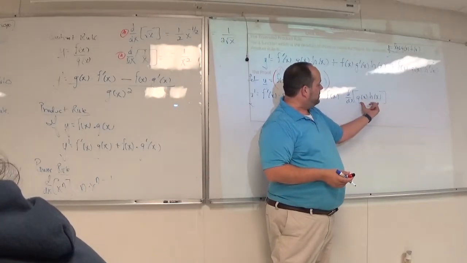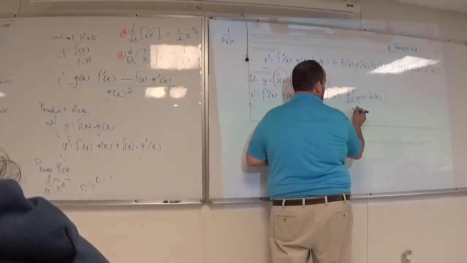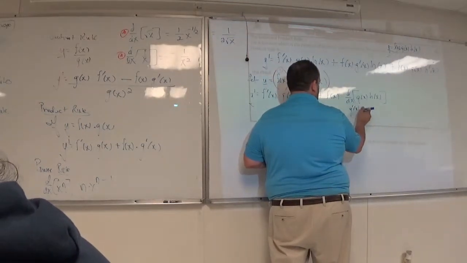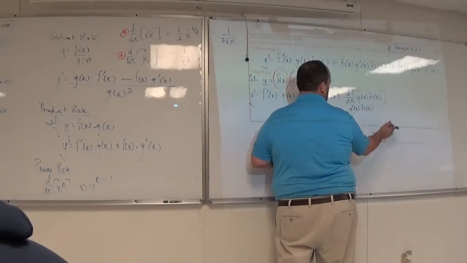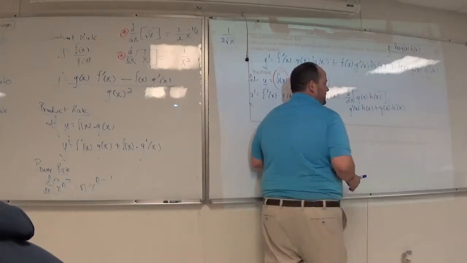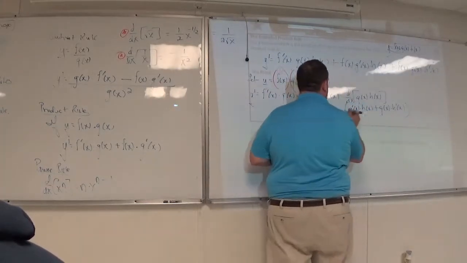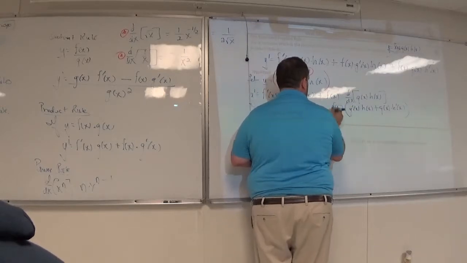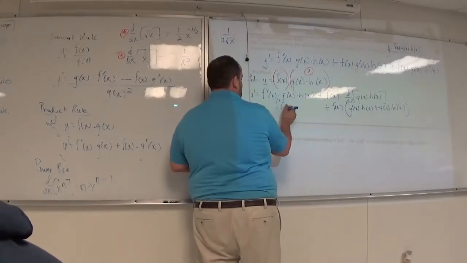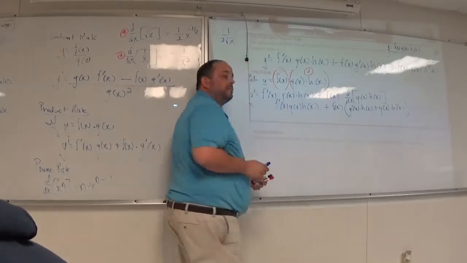Well, how do I take the derivative here? The derivative of a product, it's g prime of x times h of x plus g of x times h prime. But everything gets multiplied by f of x, and I'm going to add it to all the stuff over here.